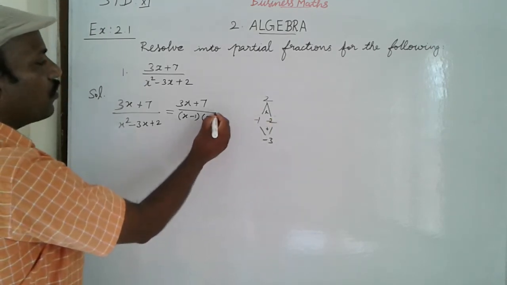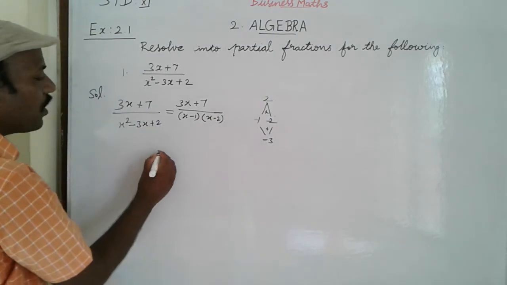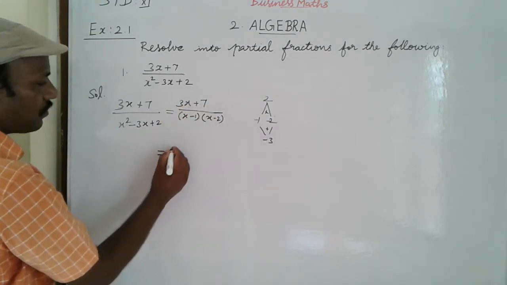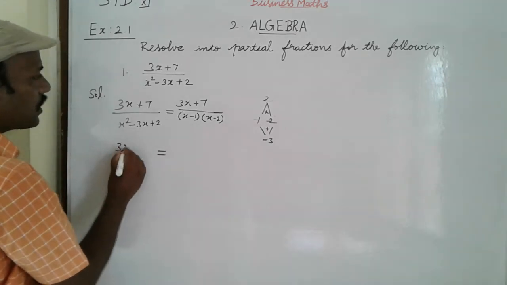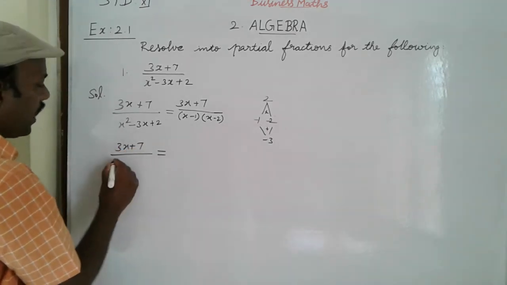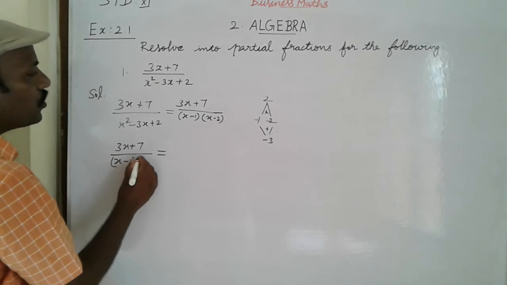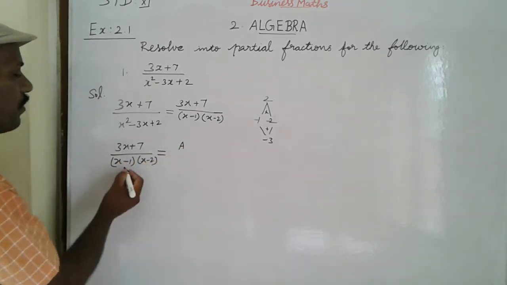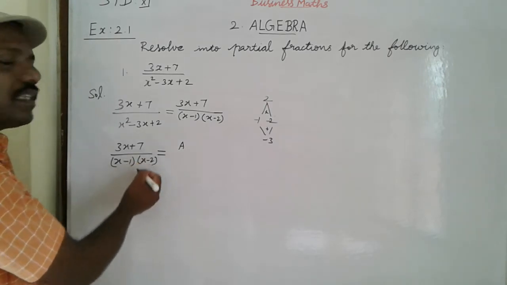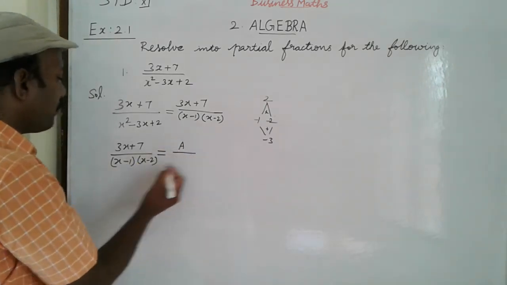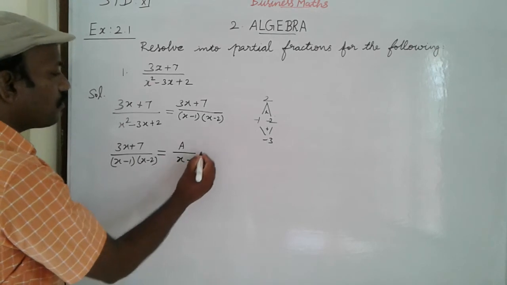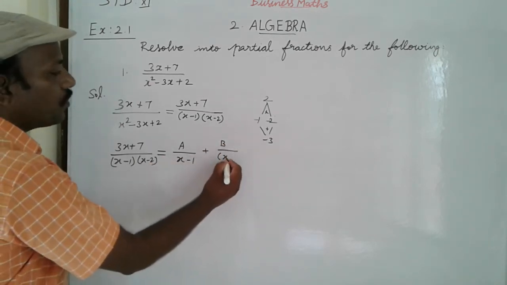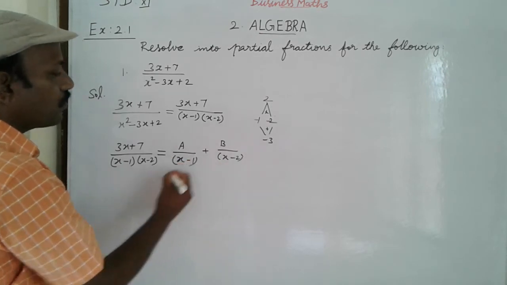It's a factorized value, so we write the formula. (3x + 7) divided by (x − 1)(x − 2) equals, we know the formula, with two factors in the denominator, A divided by (x − 1) plus B divided by (x − 2).